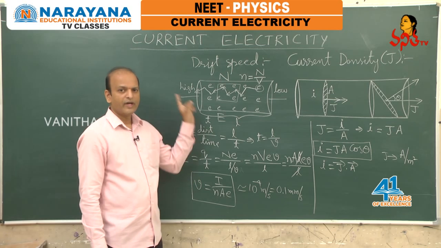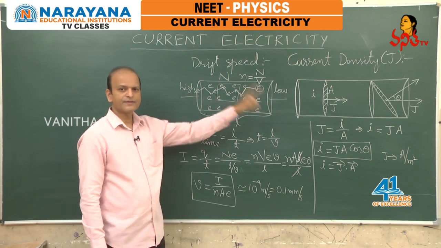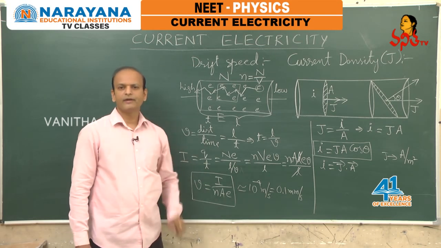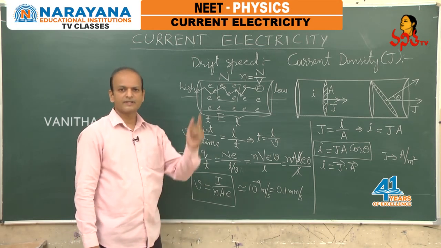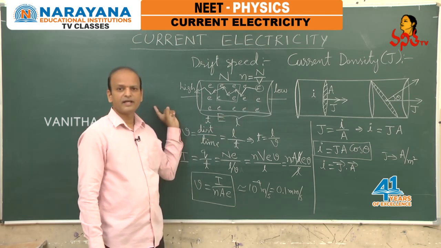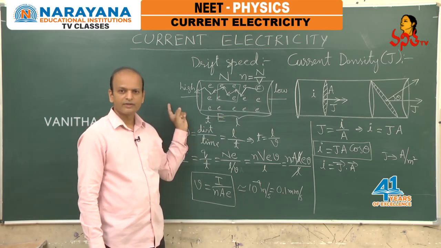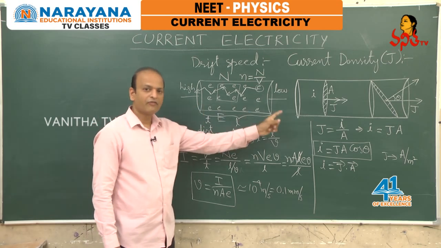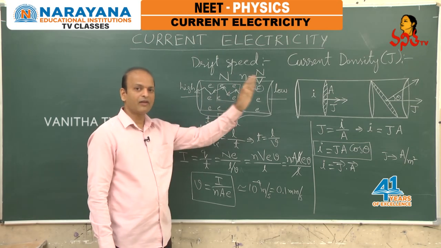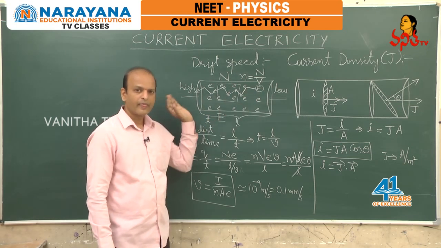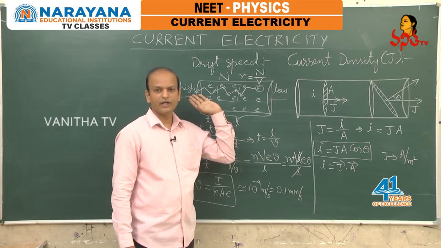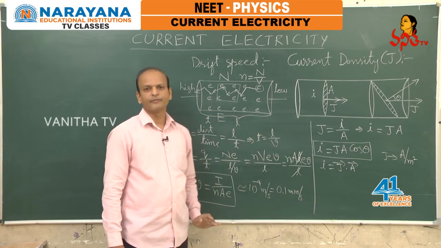But whenever you apply the potential difference or switch on the electricity, we get the power supply on the spot, the same instant, but electrons are not reaching the other end on the spot. So, the electric field is set up very instantly in this conductor with light speed, almost 3 into 10 power 8 meter per second.